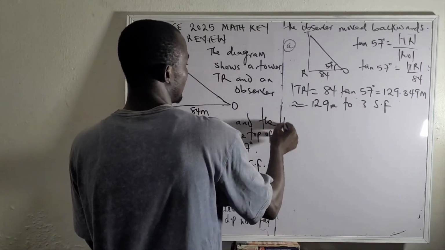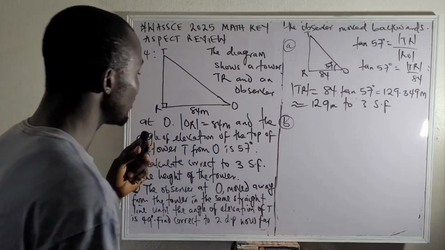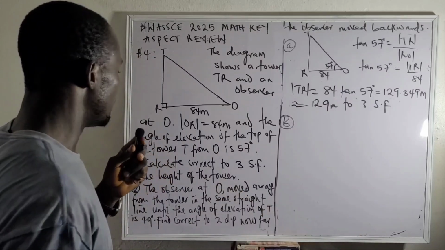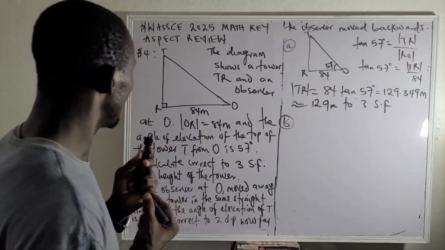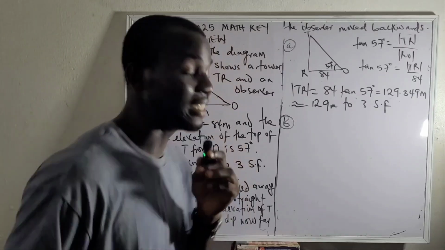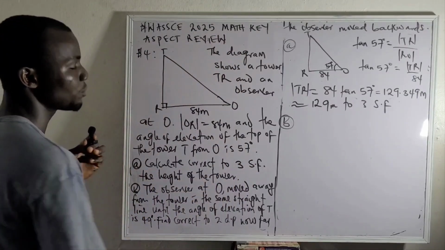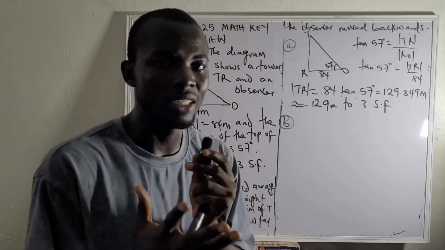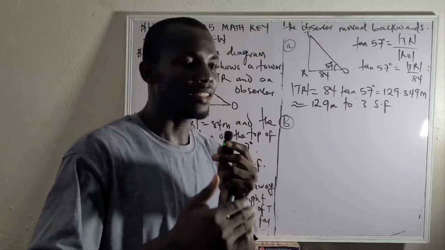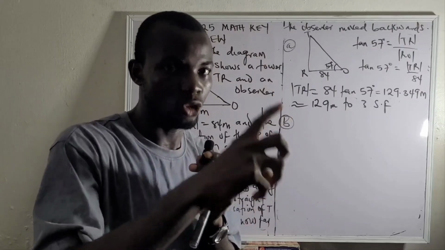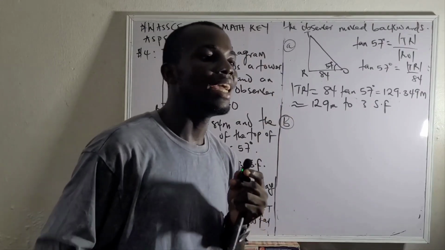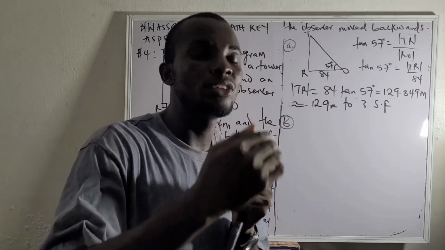If we have gotten that, the B part of the question now says the observer at O moved away from the tower in the same straight line until the angle of elevation of T is 49 degrees. I want to let you know that the farther you go away from a particular point, say a tower, the smaller your angle of elevation will be.